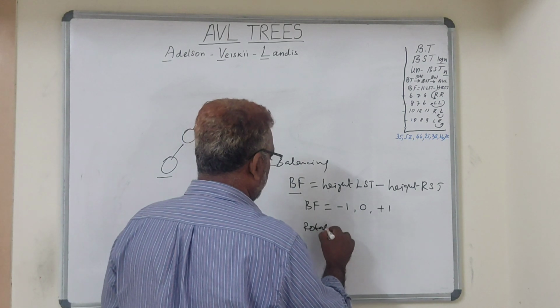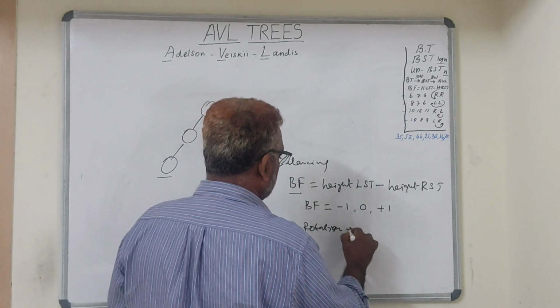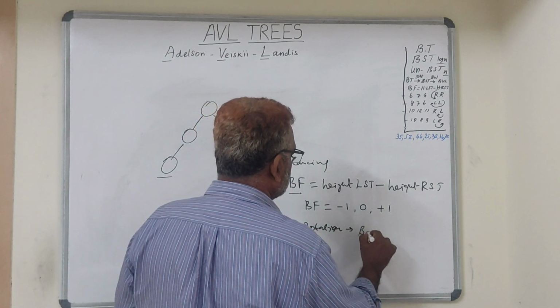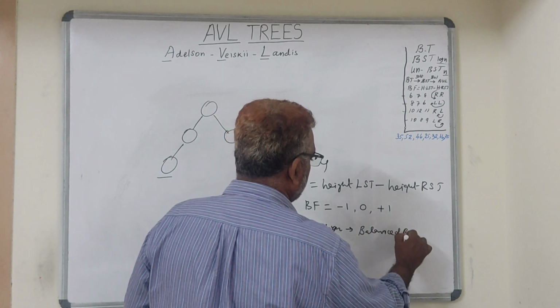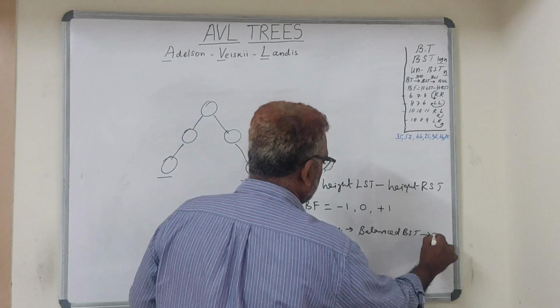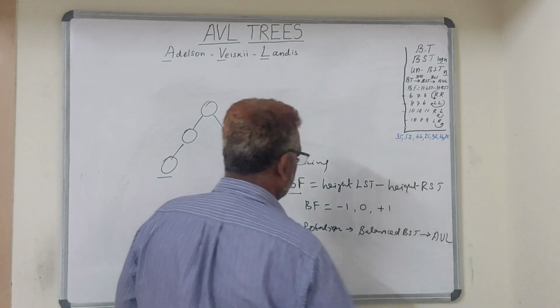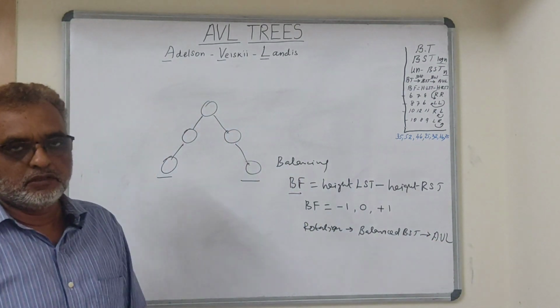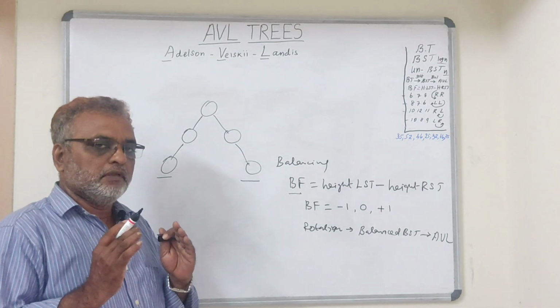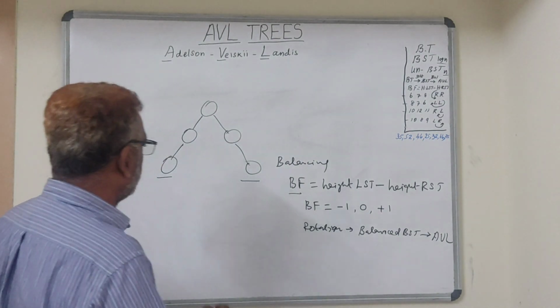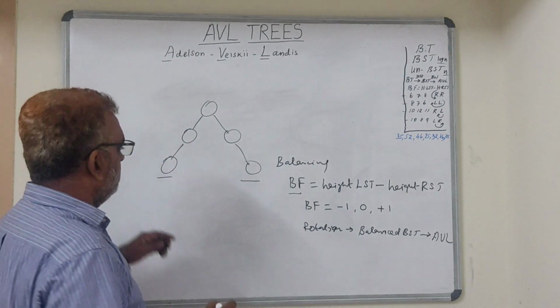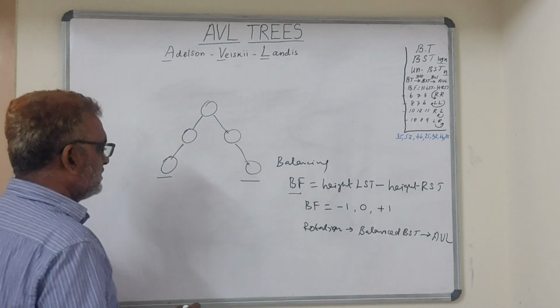By doing this rotation, we can get a balanced binary search tree, that is nothing but the AVL tree. So AVL trees are balanced binary search trees.